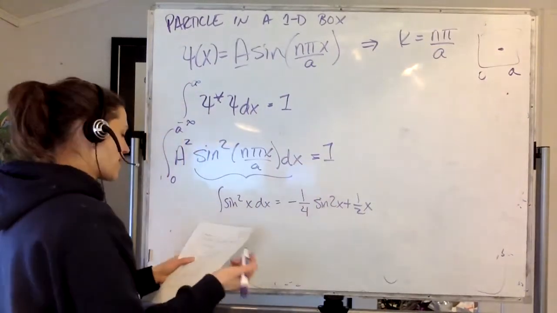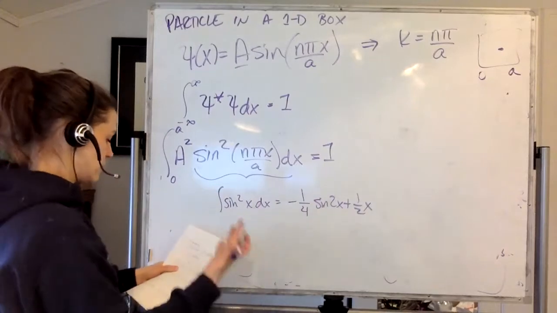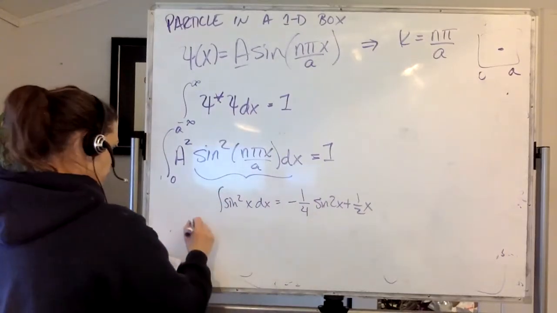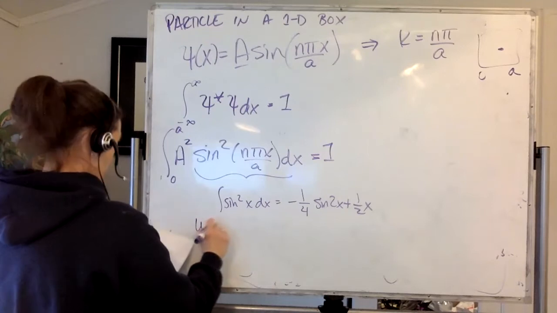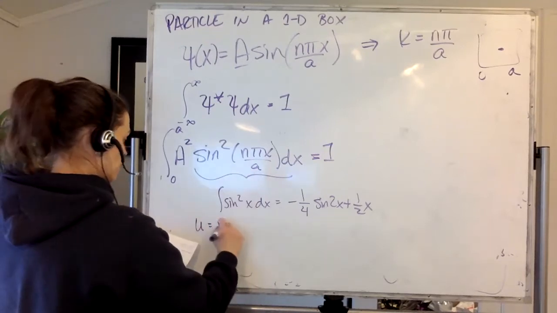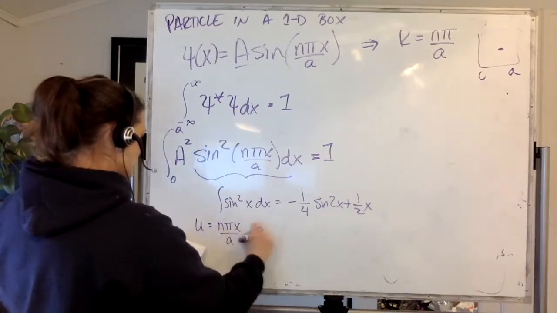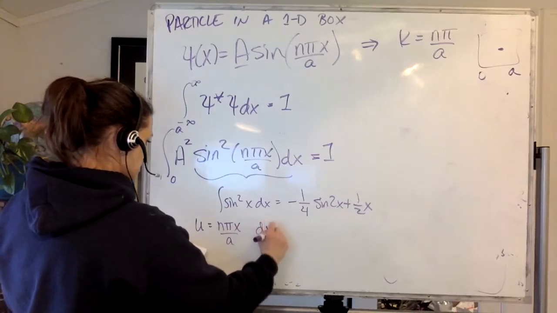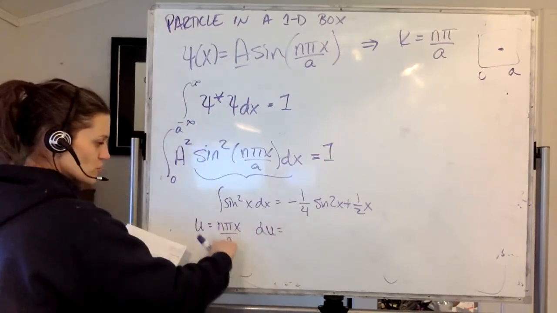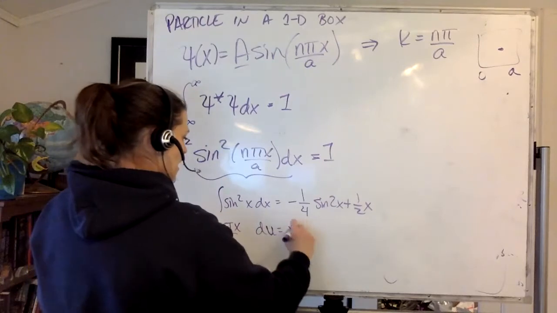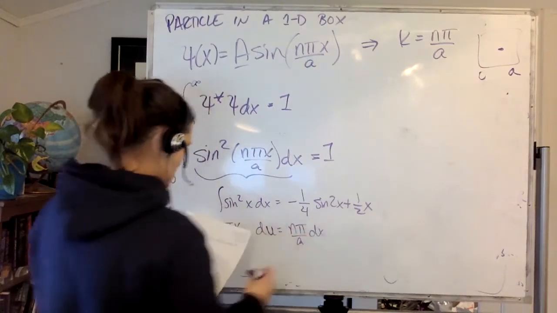result. So I like to do a U substitution just because U is a fun letter. So if U equals n pi x over a, du is equal to, so the derivative of this with respect to x, n pi over a dx.